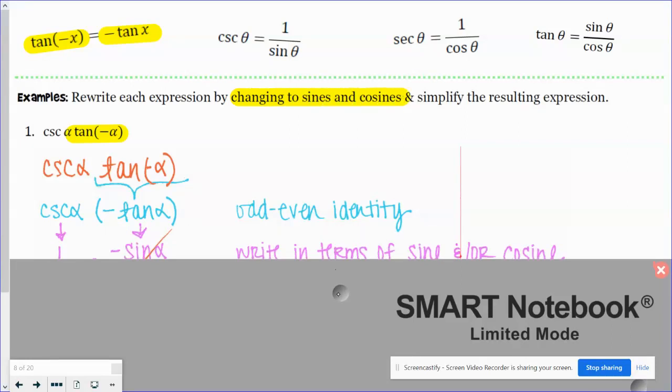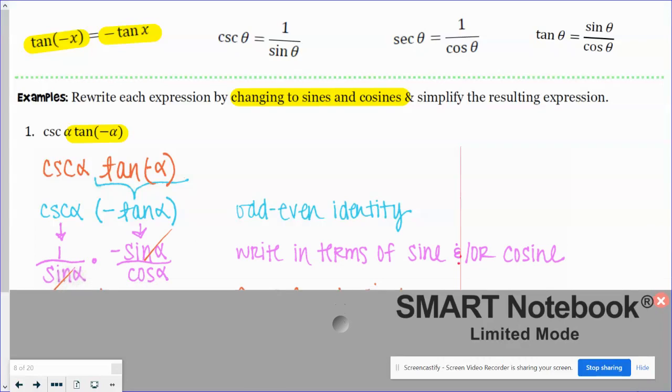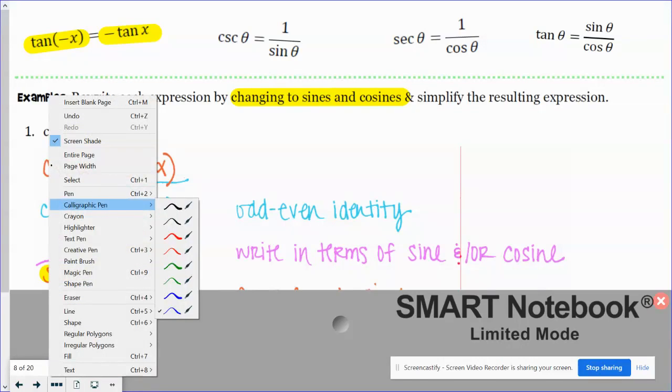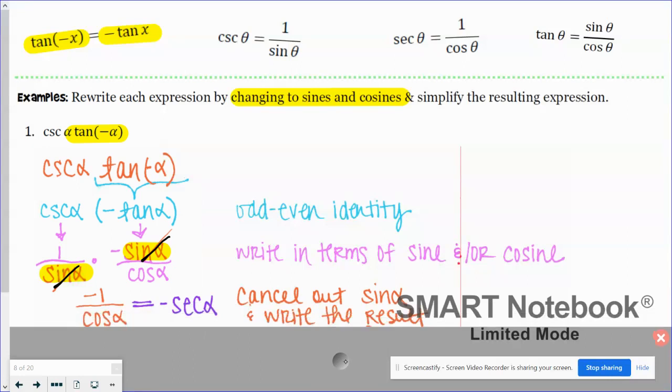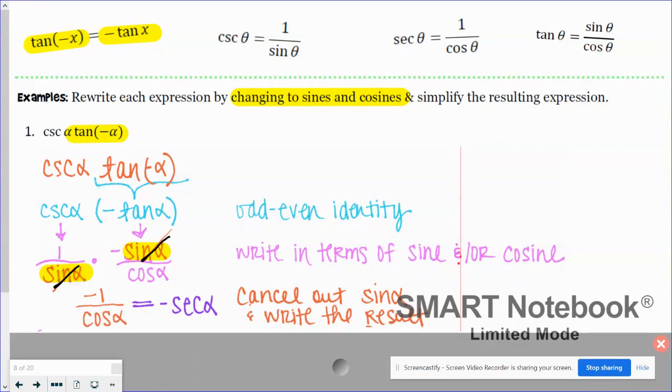Cosecant can be written as 1 over sine, and the negative tangent can be rewritten as negative sine over cosine. Notice that I've got a sine on the bottom and a sine on the top. Those are going to cancel each other out. That's why I'm crossing them out here. What remains is negative 1 on top, cosine on the bottom, and that is just negative secant. And that is my simplified answer.